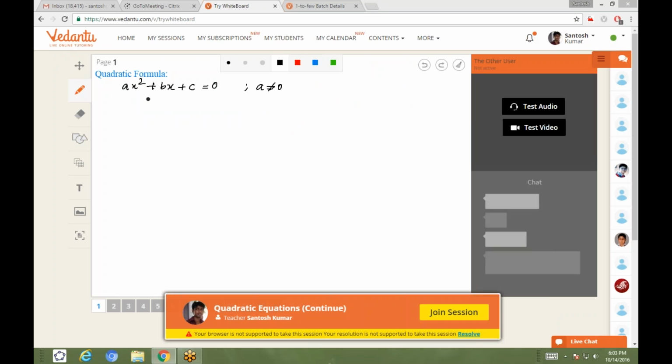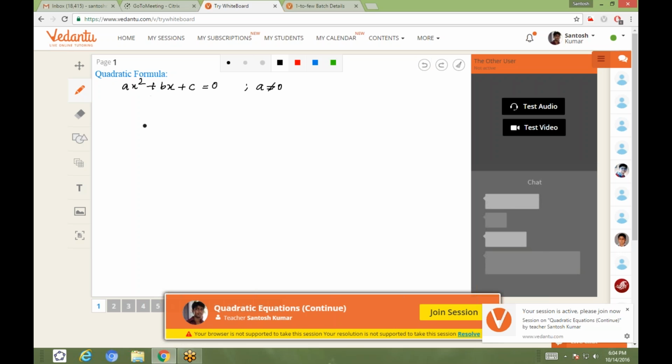So here first of all we have to deduce it, like we had seen finding the solution of a quadratic equation using that squaring method. Now in general, using that square method, we are going to find a formula.